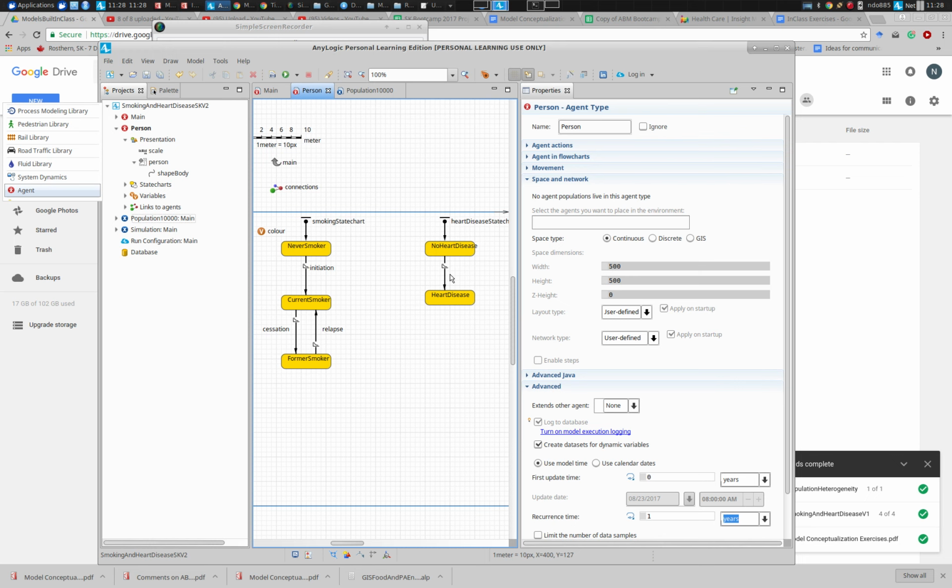What's your incidence rate for heart disease, or hazard rate of developing heart disease, depend on your current smoking status? What could we use to communicate the current smoking status and the hazard rate of heart disease for that smoking status to this state chart? We could use a what?